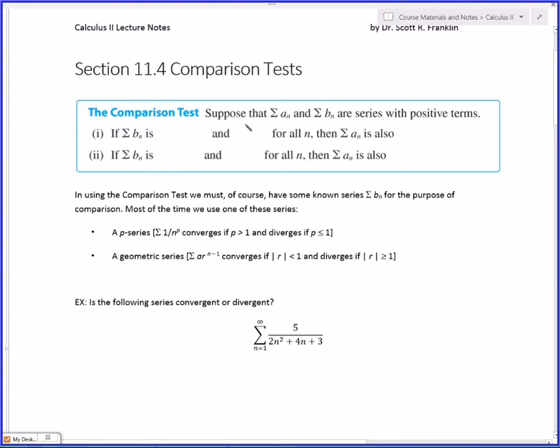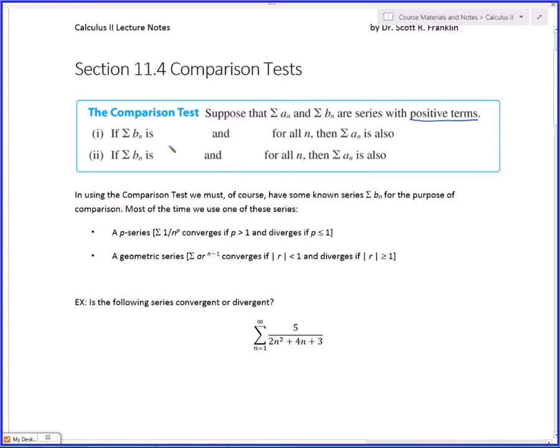Okay? And so when, for example, I have the series a sub n and the series b sub n, so the sum from n equals 1 to infinity of a sub n and the sum from n equals 1 to infinity of b sub n, let's assume for now they're positive terms. So this is only going to apply in that context.